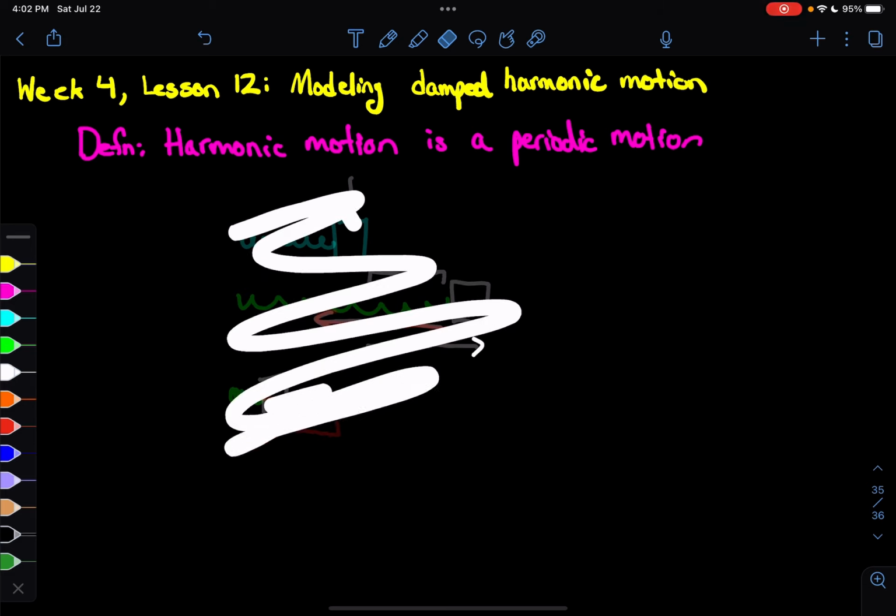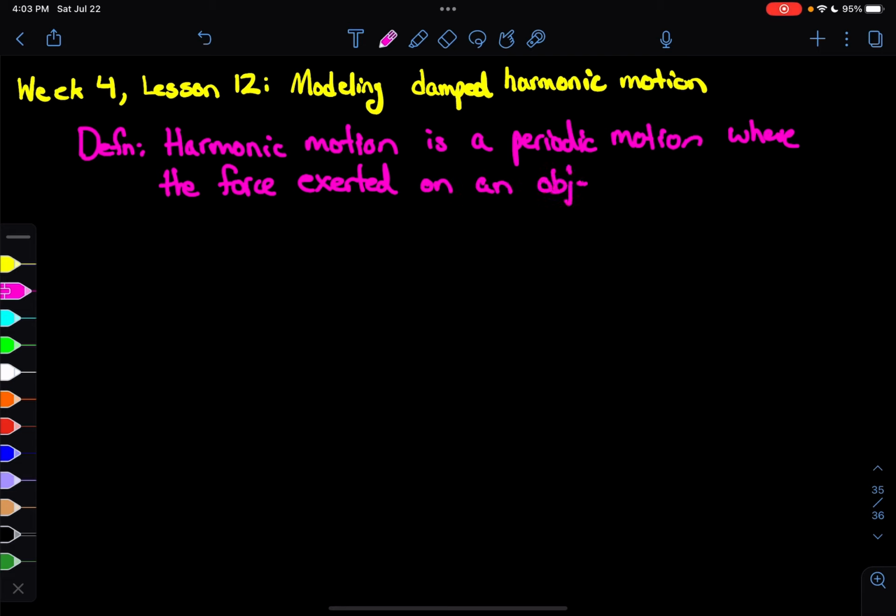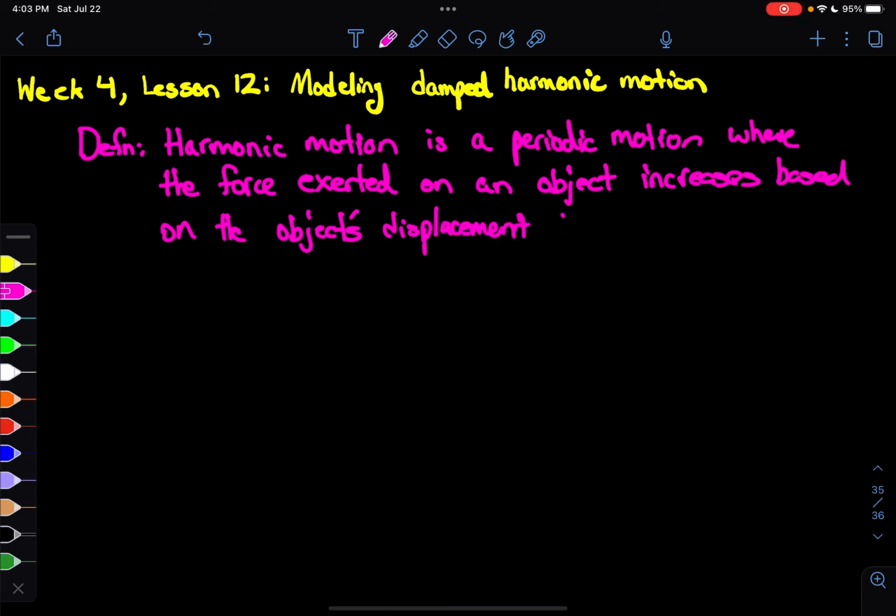So harmonic motion is a periodic motion where the force exerted on an object increases based on the object's distance, or displacement, we'll say, from equilibrium.